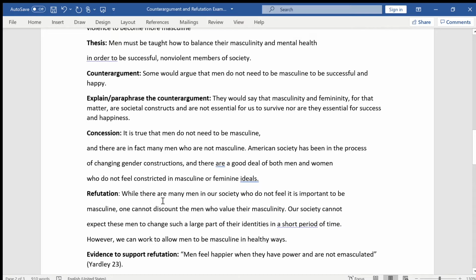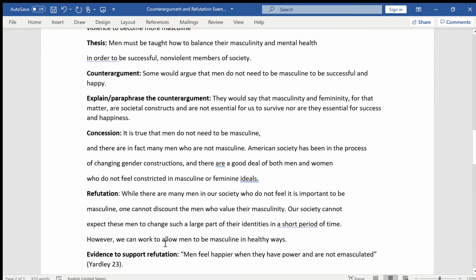My refutation, though, I said, although this is true, their argument isn't quite working. While there are many men in our society who do not feel it is important to be masculine, one cannot discount the men who value their masculinity. Our society cannot expect these men to change such a large part of their identities in a short period of time.